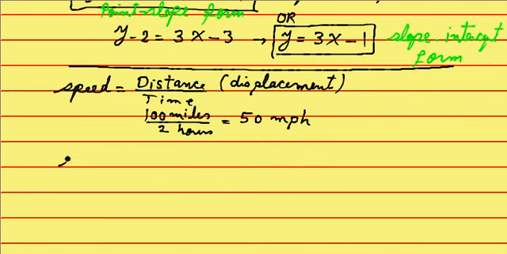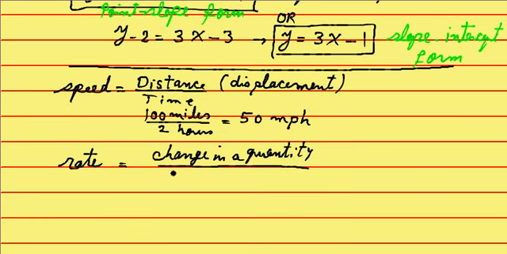Sometimes people talk about the rate. Rate is the rate of change of one quantity. So typically this is change in a quantity, and usually in the denominator you have change in time.